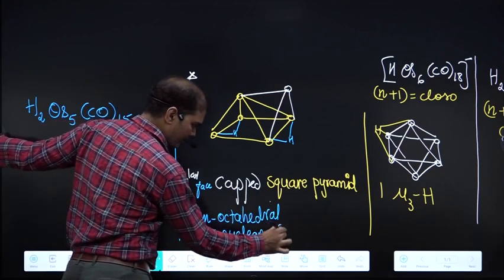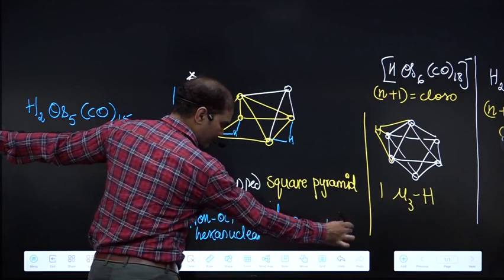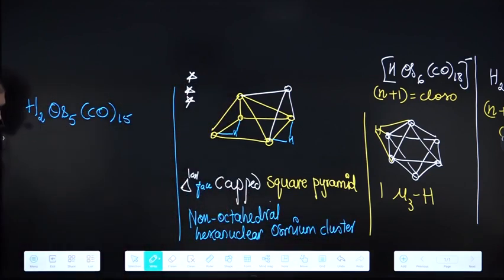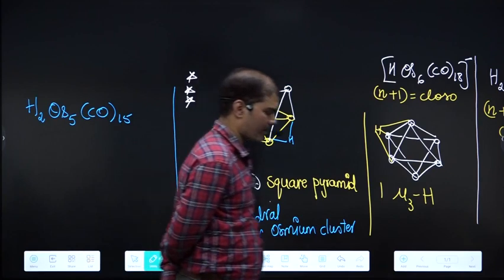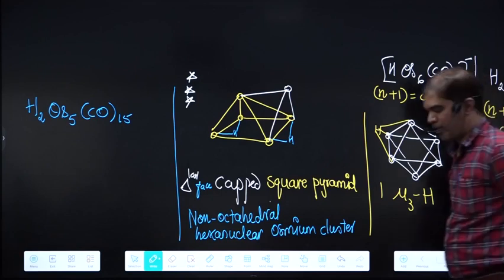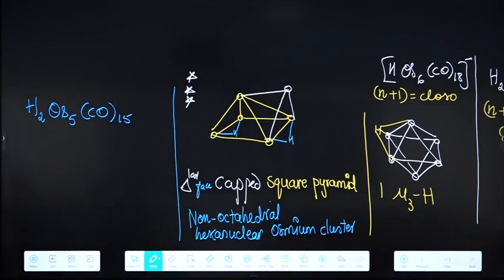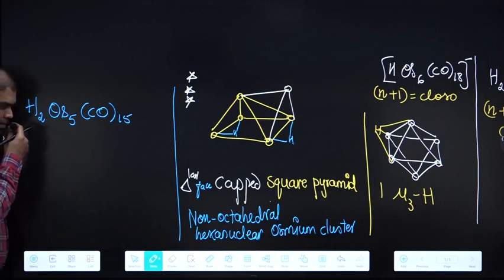Write down a point. The structure of H2 osmium 6 CO18 is predicted to be octahedral skeleton according to PSEPT.